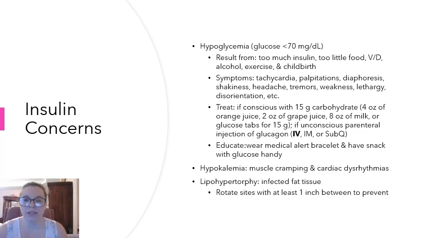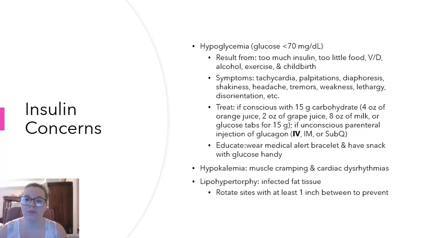So hypoglycemia usually can result from too much insulin, or we gave the correct amount of insulin for them, but they decided they weren't hungry, so then they didn't eat like they were supposed to. Or that they have vomiting and diarrhea, so they've lost those carbohydrates.